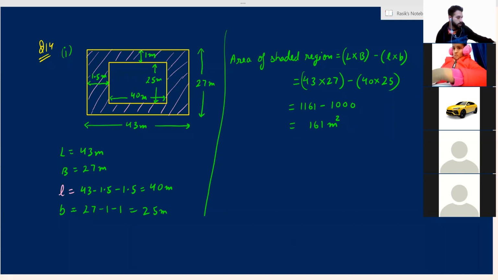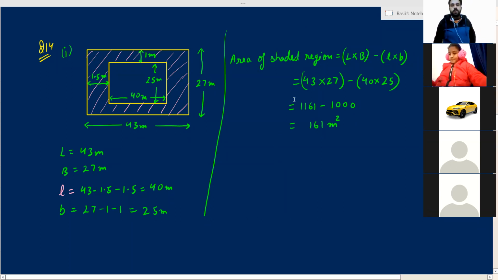How will you find the area of the shaded region in question 14, second part?